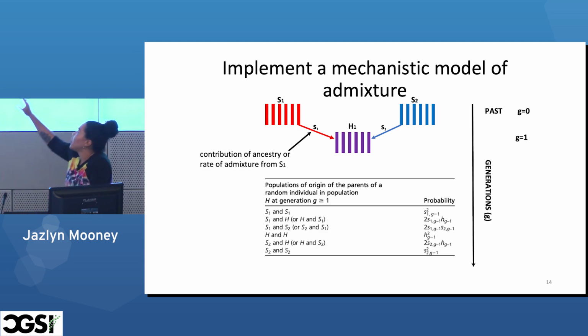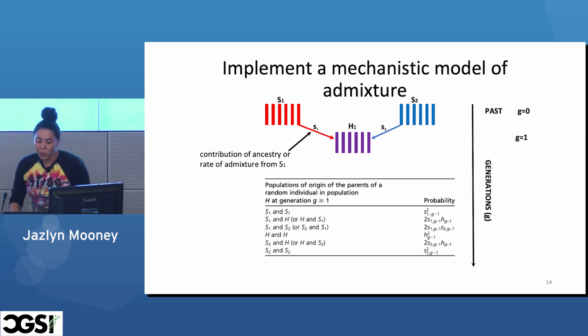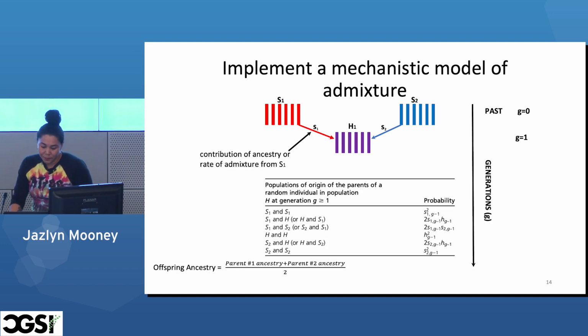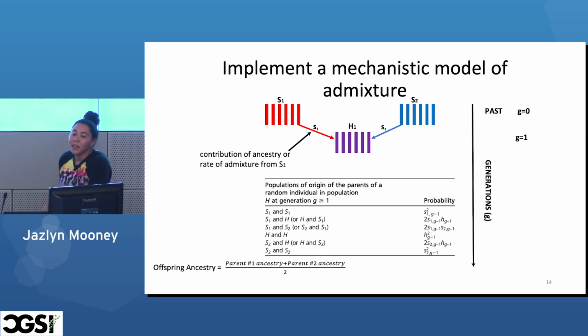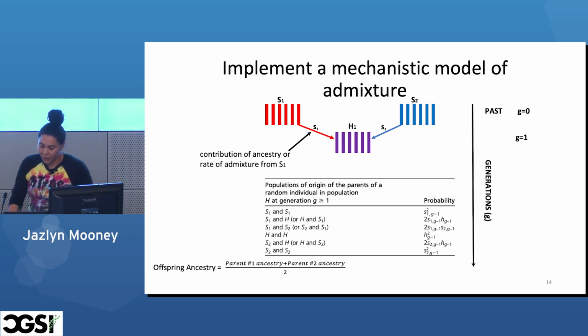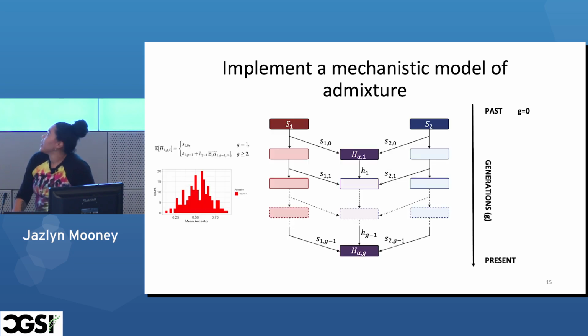And then we can just go through and fill in the remainder of the table. So now we've enumerated all possible parental pairings and what the likelihood of us seeing them is. So then it just kind of comes naturally. The offspring's ancestry is here just going to be the average of the 2 parents. So we can use a nice recursion equation and we can get this distribution of mean ancestry.